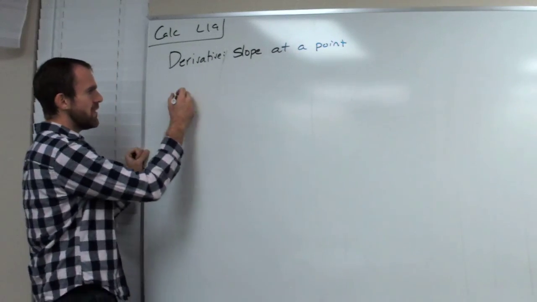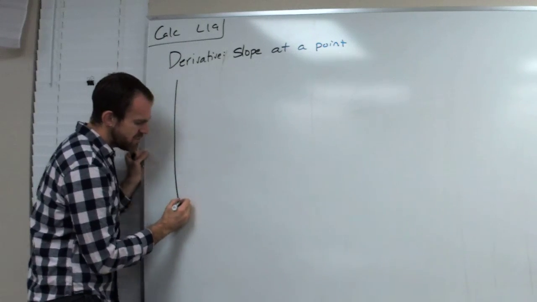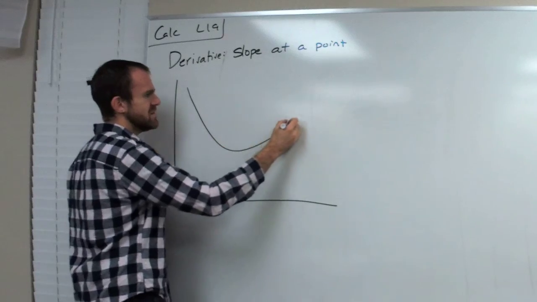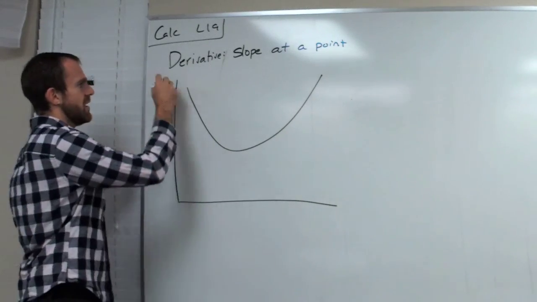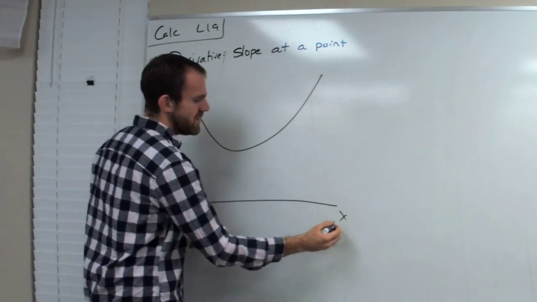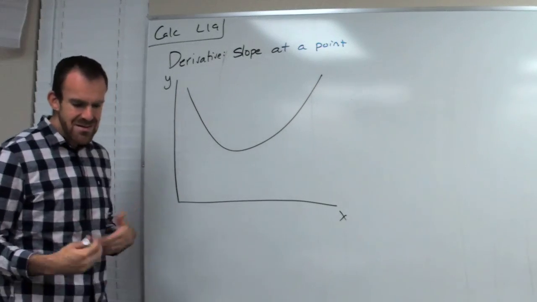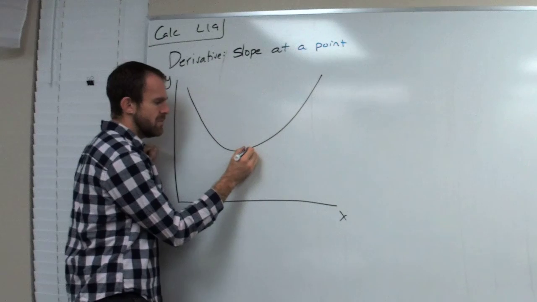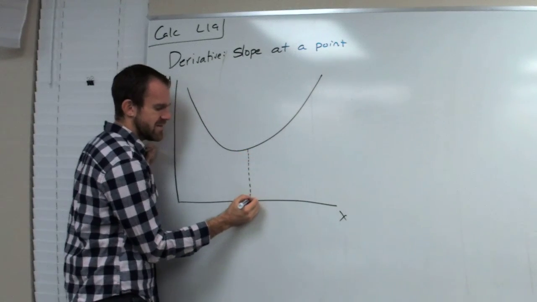Now, here's how we figured this out. Mathematicians a long time ago had functions like this, and then they were like, well, how do I find the slope? Well, it's actually pretty easy. Let's say I want to find the slope at some point, and we'll call it x.